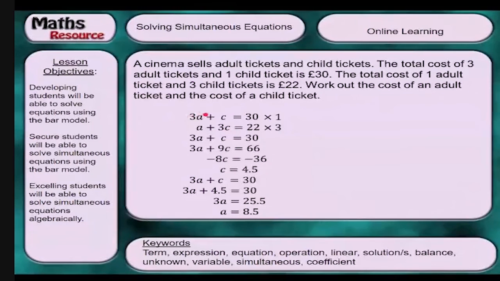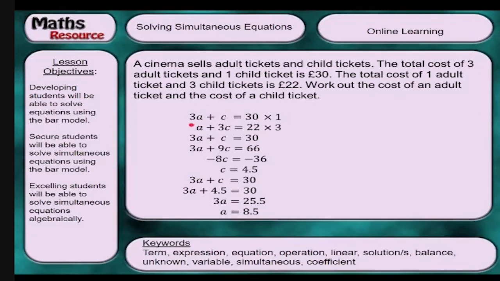So what I've done now is, well, have I got the same coefficient? No, I haven't. Can I make one of these into the same coefficient? Yeah, I could make the A's the same, or I could make the C's the same. So what I'm going to do is make the C's the same.